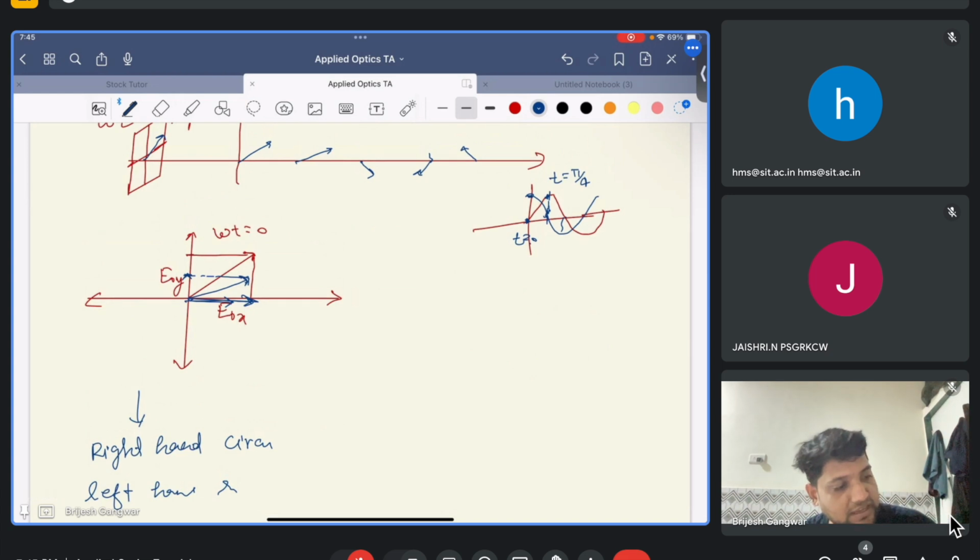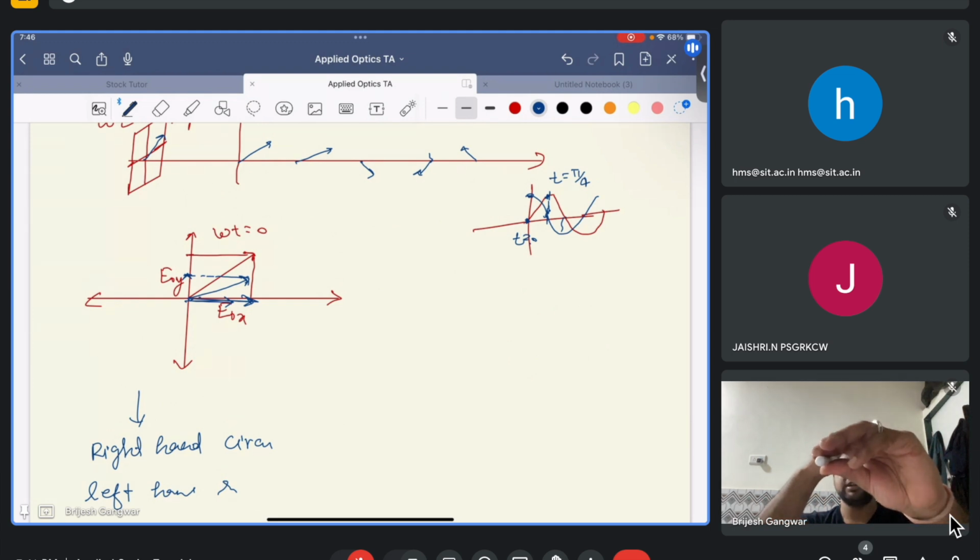See, here we always consider that light is coming towards you. Okay, this point is towards you. Then if the light is rotating like the right hand, then it is right hand circularly polarized. If the vector is rotating in this direction, which can be mimicked by your left hand, it means left hand circularly polarized.